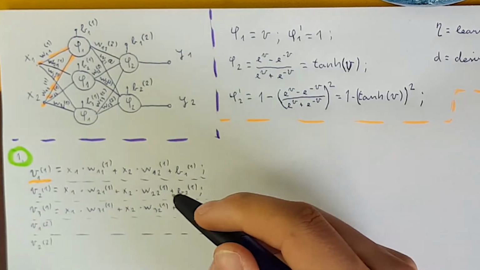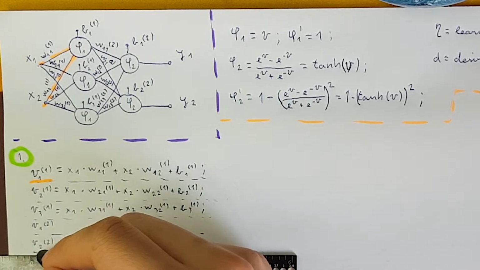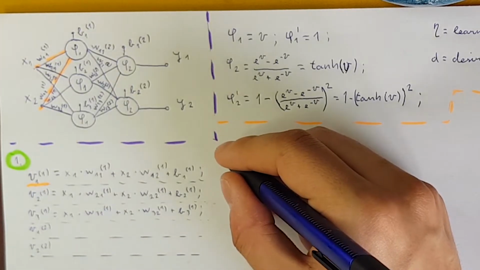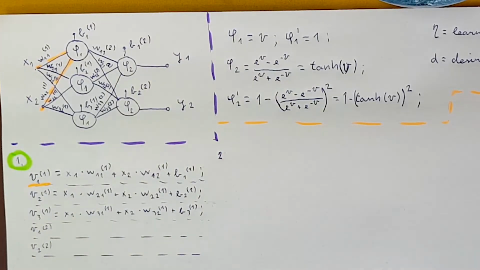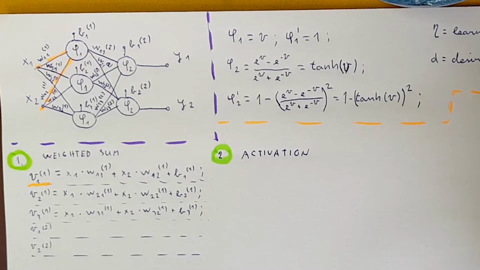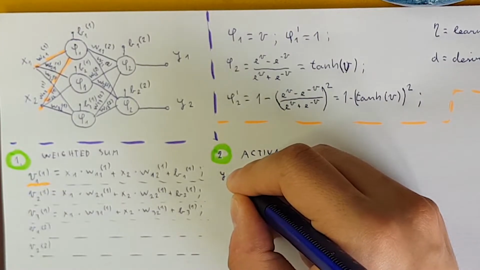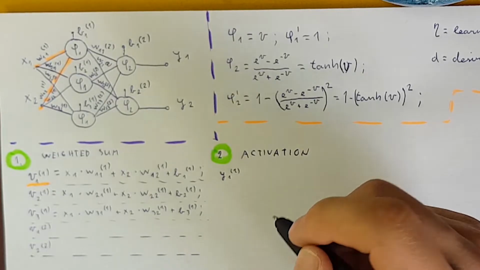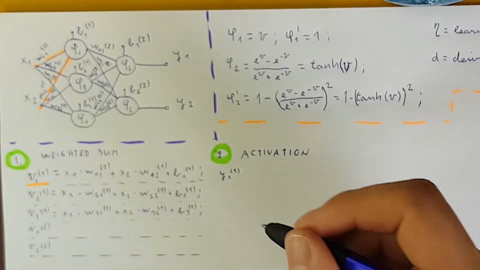After this, we need to calculate the weighted sum of these two neurons. However, we cannot yet because we first need to apply the activation function to the already gained weighted sums. So for activation, we will write it as y1 of first layer. So this is for the first neuron.